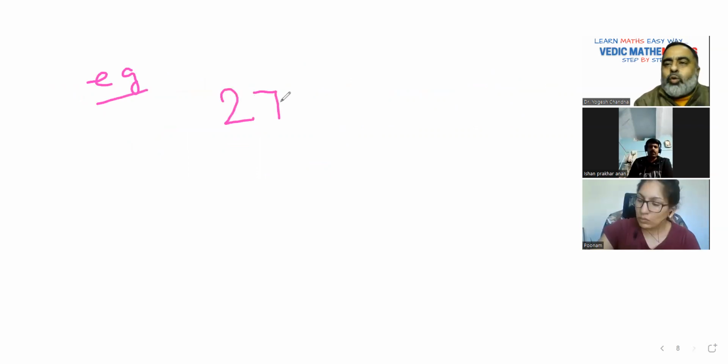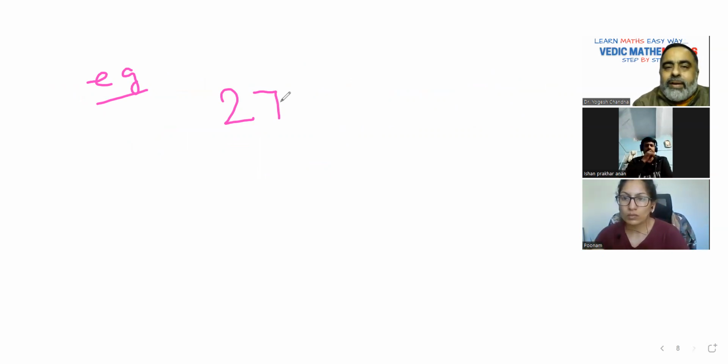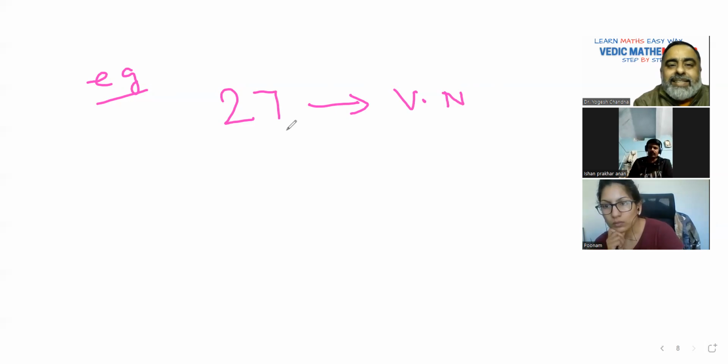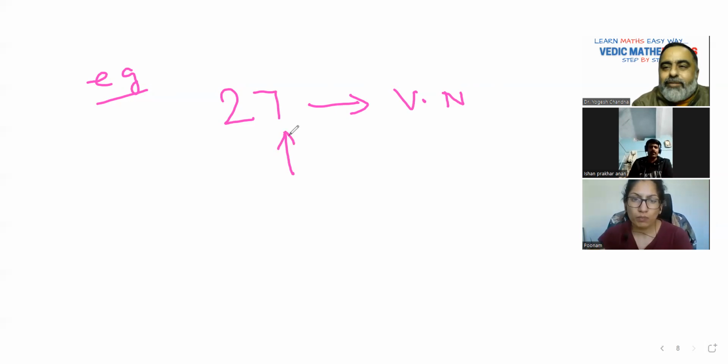27. Now 27 is a normal number. Just stop writing first, understand. I have to convert this into vinculum. So what does rule number 1 say? Subtract from 10 at the rightmost position. Now 7 is greater than 5, so I subtract 10. What answer do I get? Minus 3, 3 bar. Rule number 1 applied.